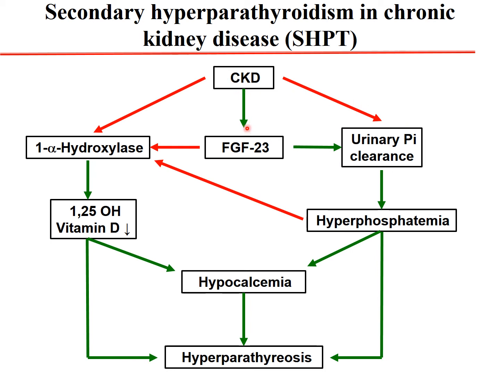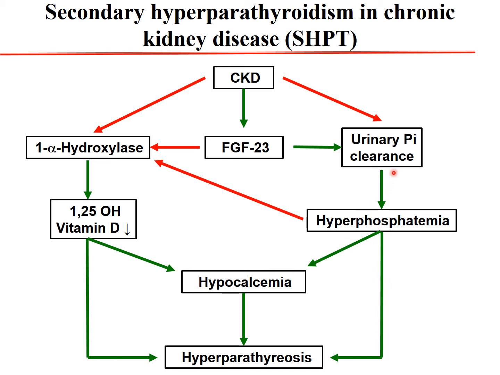The elevated phosphate level is going to stimulate FGF23. FGF23 further decreases the 1-hydroxylase enzyme. This is why we have less active vitamin D formation. That can lead to hypocalcemia and, in the same way, hyperparathyroidism.